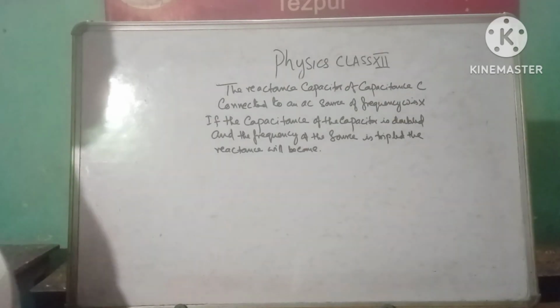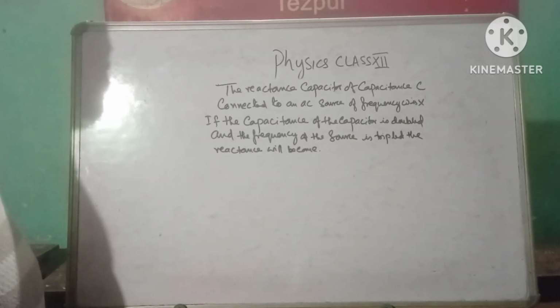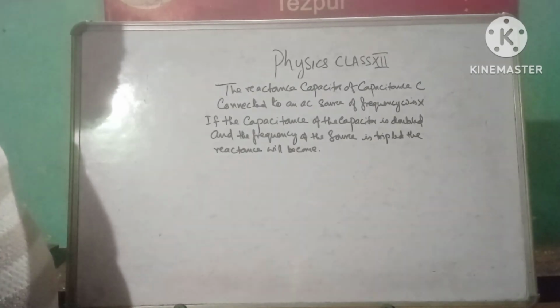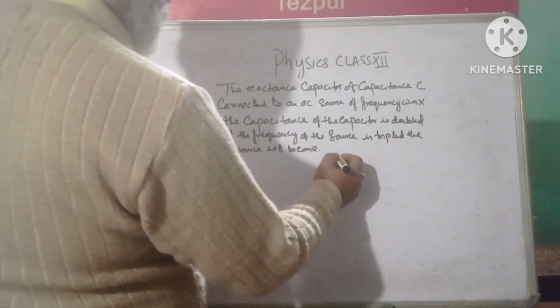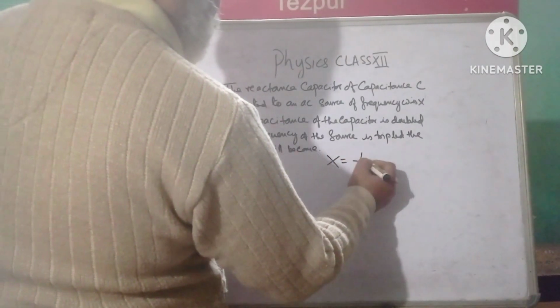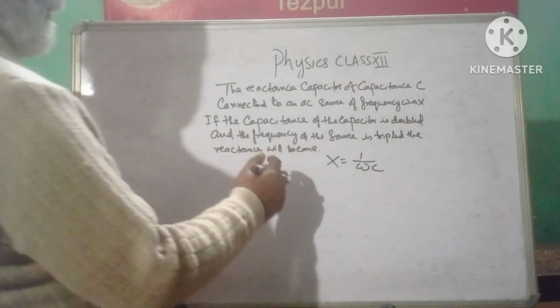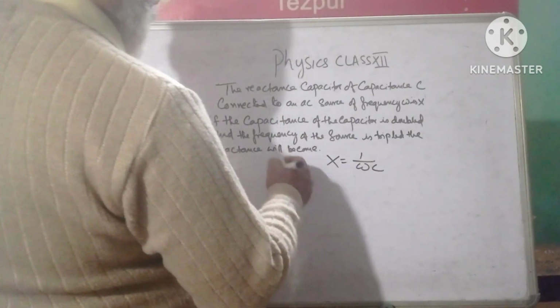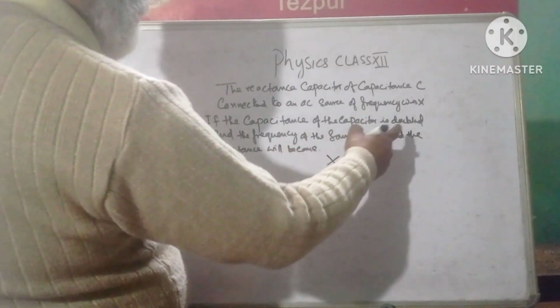Now the question: the reactance of a capacitor of capacitance C connected to an AC source of frequency omega is X. You know that X is equal to 1 by omega C. Now here the capacitance is doubled and the frequency is tripled.